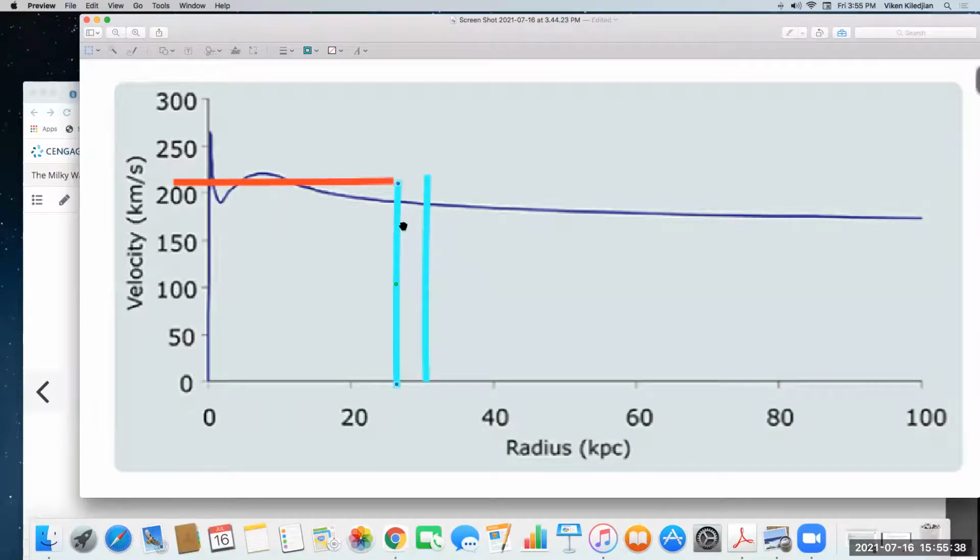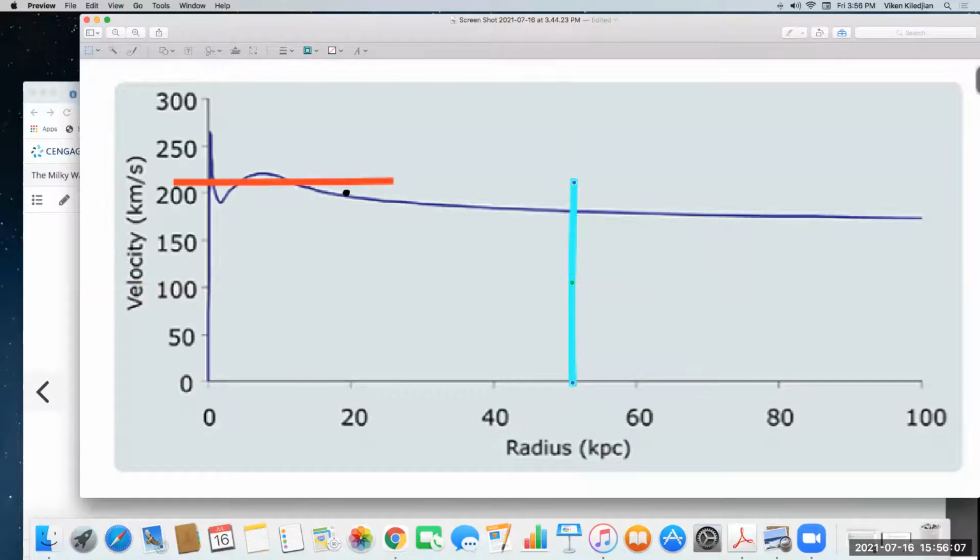So let's say this would be 46 kiloparsec, this is 48 kiloparsec right here, 46, 44, and then 42. If I wanted to do exactly 50 kiloparsec, then it'll just be like that.